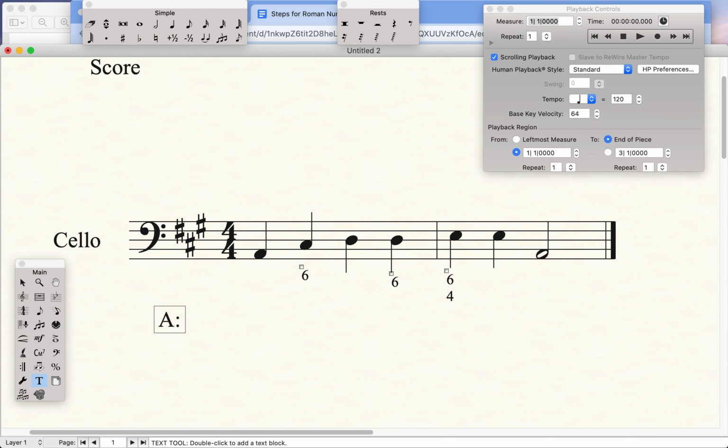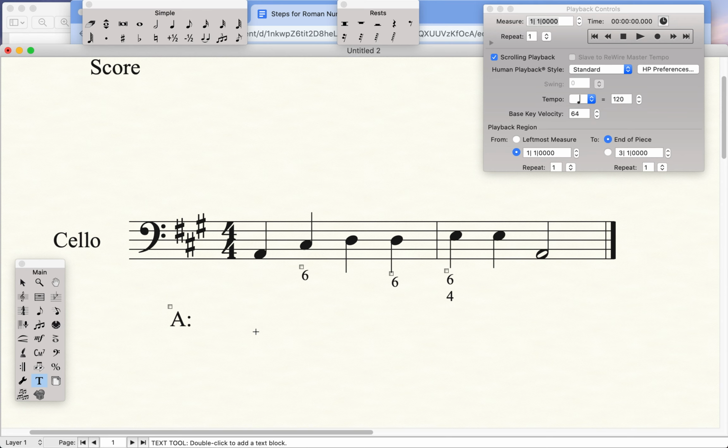I'm going to trust that you know your key signatures, and if you didn't, you would have looked it up, so I'm just going to tell you we're in the key of A. So, in the key of A, this first chord here, I know the lowest note of the chord is A. I also know, because there's nothing underneath it, no little 6 or 6/4 or any other things that we're going to learn eventually, it's completely blank. Therefore, I know that this note right here is the root of the chord.